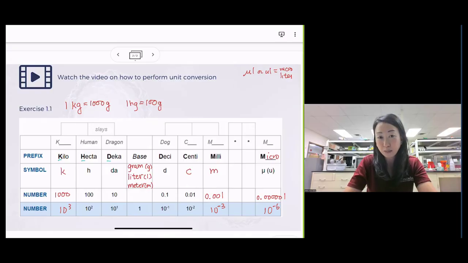So a way to remember this is king rules human, human slaves dragon, which helps us remember KHD. Then the relationship after the base, you can see, is DCM, and then 2 more orders down to mu.